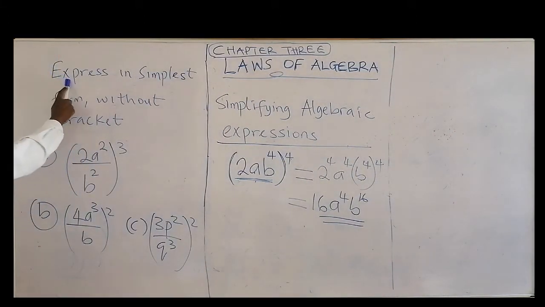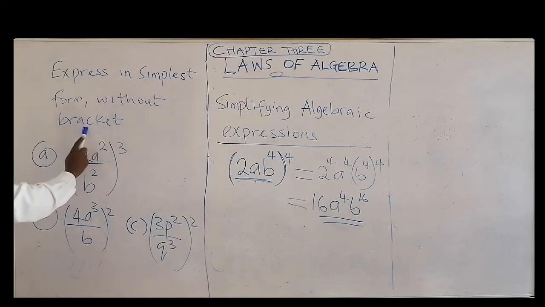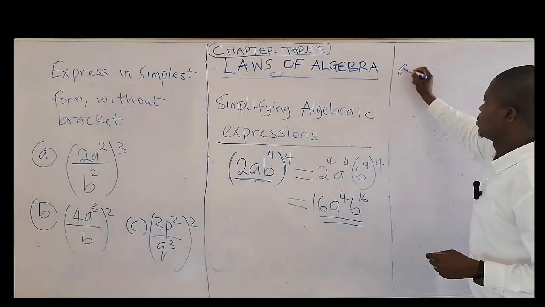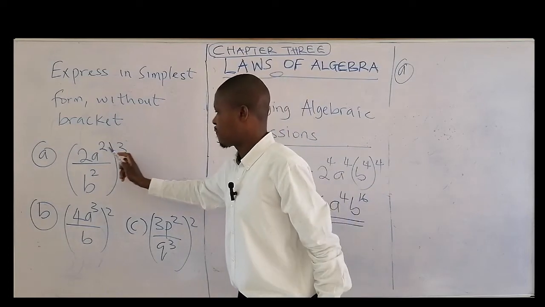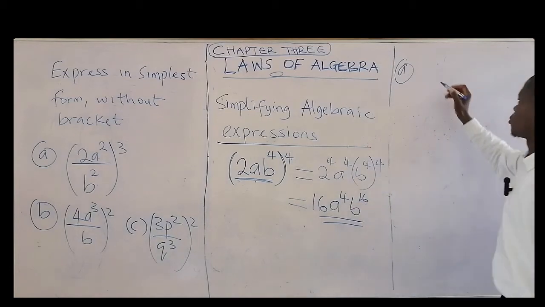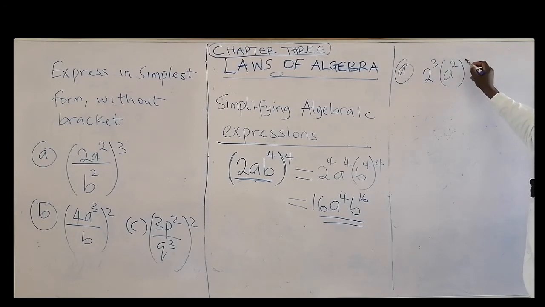Yeah, we have this question expressed in simplest form without brackets, and we have those algebraic expressions. The first one: the exponent is going to affect each of the items in the expression, and that will be equal to 2 to power 3, open the bracket, a squared to power 3, all over b squared to power 3.